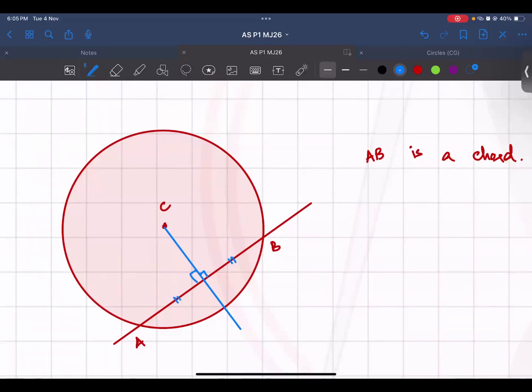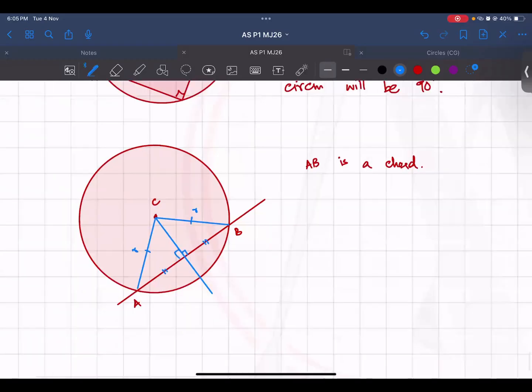And this triangle that you are forming like this is an isosceles triangle. This is the radius. We know this is the radius. So the perpendicular from the center to the chord will bisect the chord.